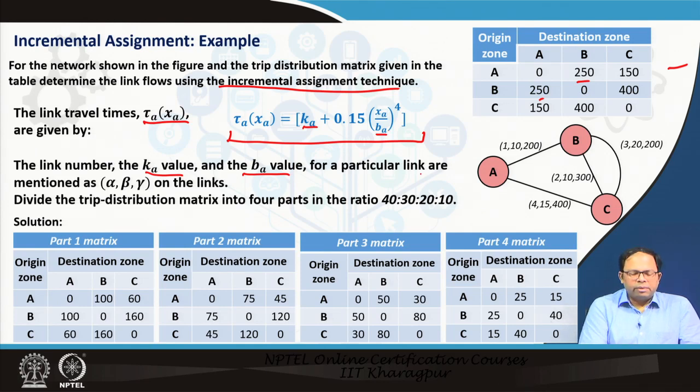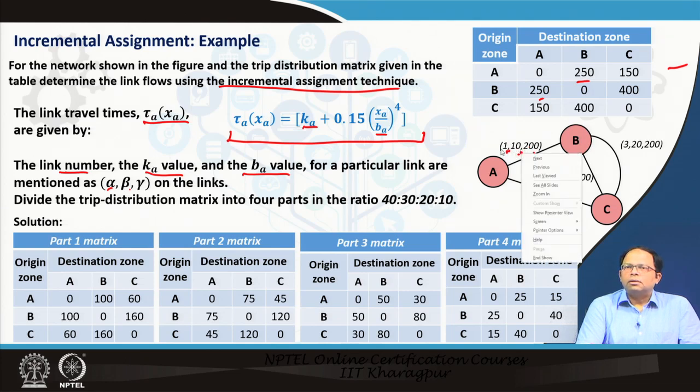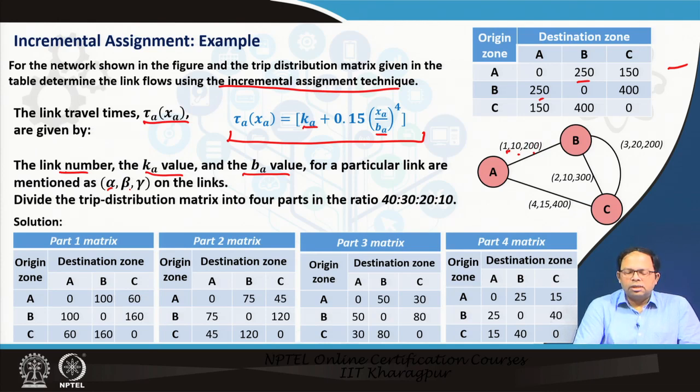So for link 1, the values 1, 10 and 200 mean 1 is the link number, 10 is the travel impedance and 200 is the capacity.